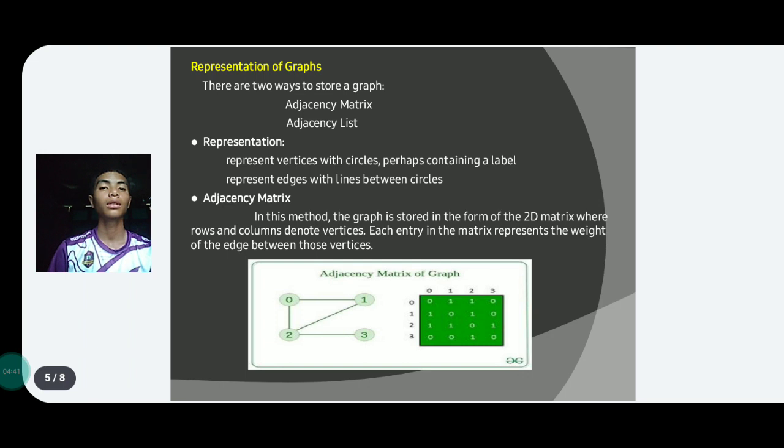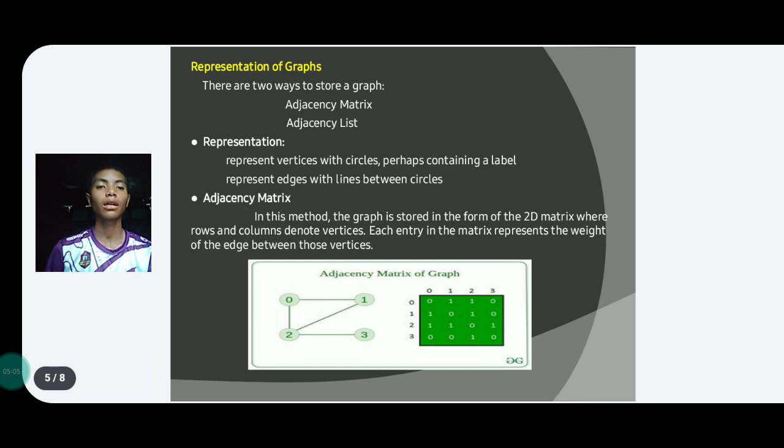Representation of graphs. There are two ways to store a graph: adjacency matrix and adjacency list. Represent vertices with circles, perhaps containing a label. Represent edges with lines between circles.